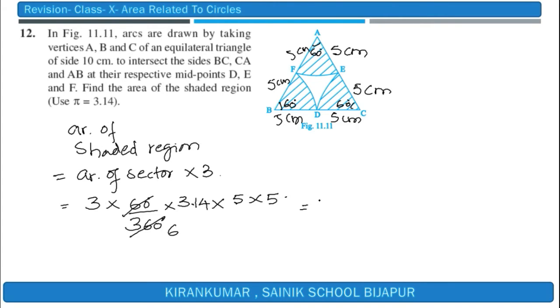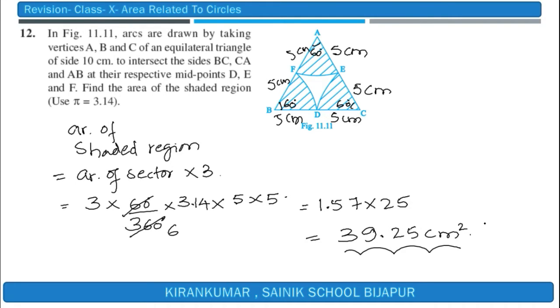Finally, we get it as 1.57 multiplied by 25. This divided by 2 will be 1.57 multiplied by 25. This will be equal to 39.25 centimeters square. This is the area of the required shaded region.